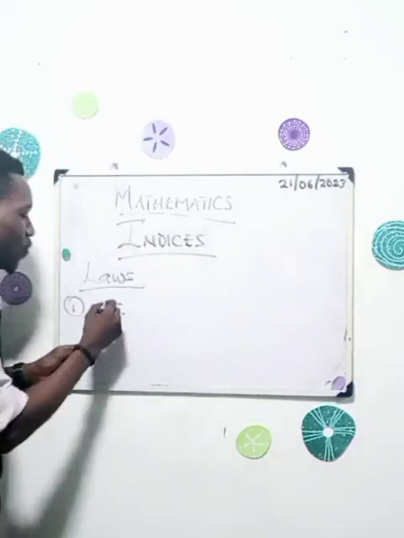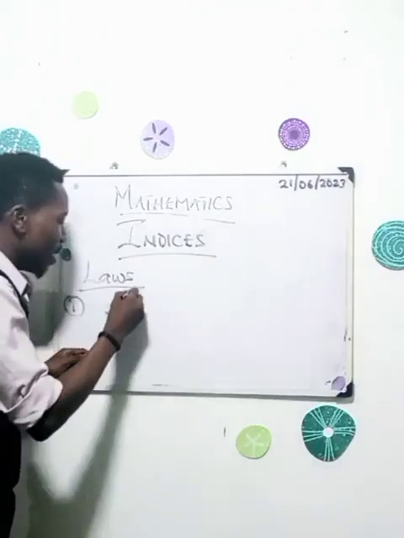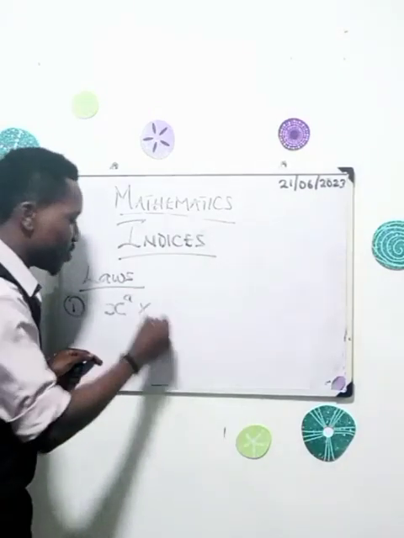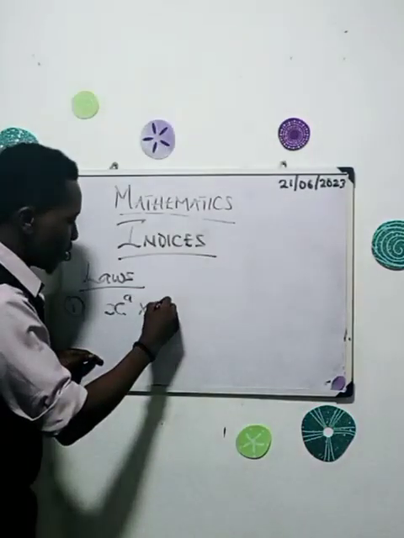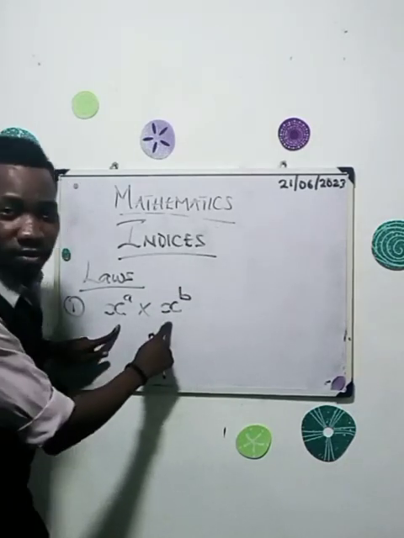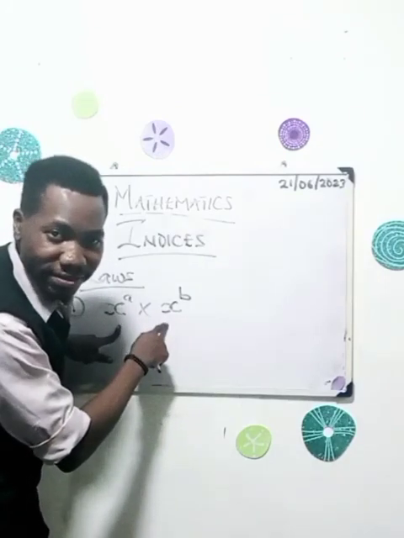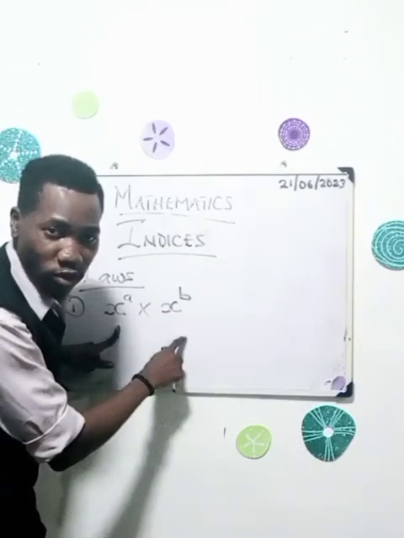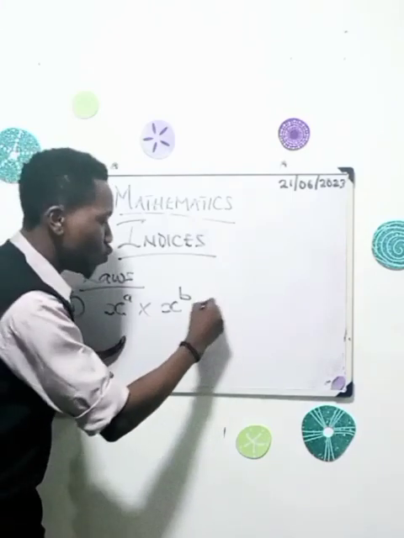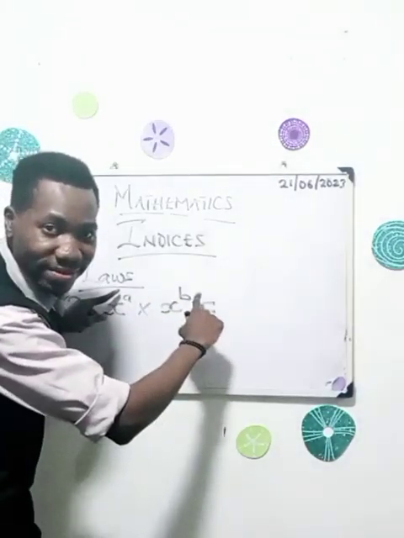So if you have x raised to power a times x raised to power b, this law says when you have two numbers having the same base and you have multiplication, what you do is just add their powers, you add the index.